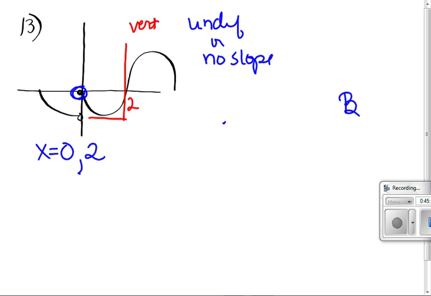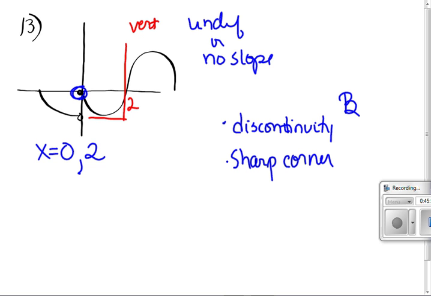So any point of discontinuity is a problem for the derivative. Yes, that's the sharp corners. What's 0? It said the slope here was 0. I think they said the slope here was 0 too. Yeah, they did. They said it has a horizontal tangent. If you have a horizontal tangent, what's the slope?